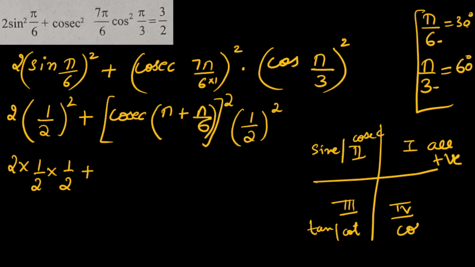In the fourth, cos and its reciprocal secant, these two are positive. Also, I told you that in the first quadrant all acute angles, meaning standard angles, will come. In the second quadrant, angles will be of the form pi minus x, where x is the angle.